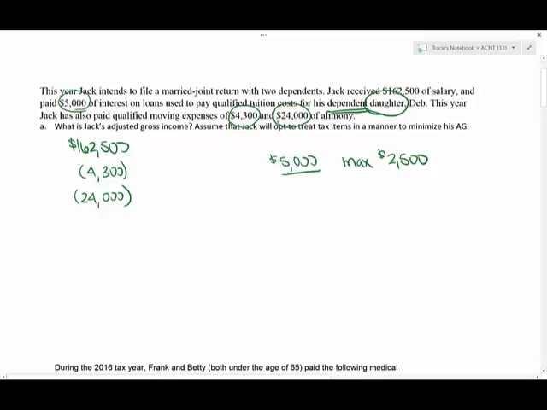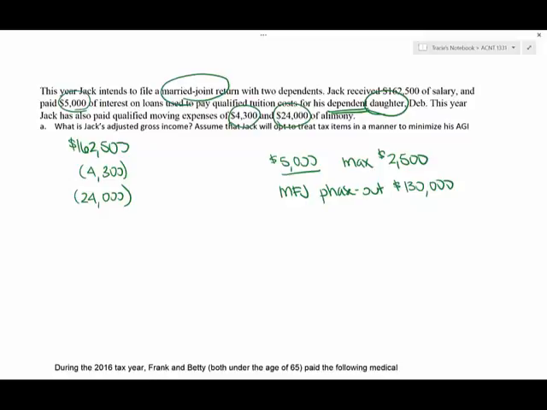But if you are married filing joint, which he is, he's going to have a phase out of that student loan interest if his adjusted gross income is above $130,000, and it is in this case.